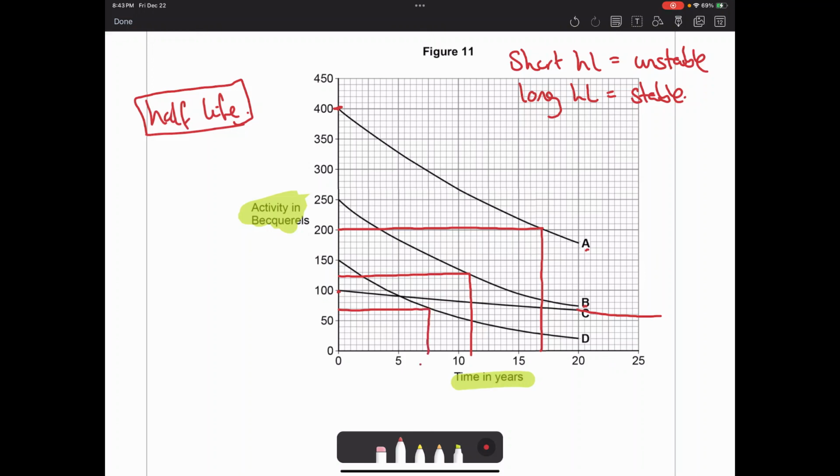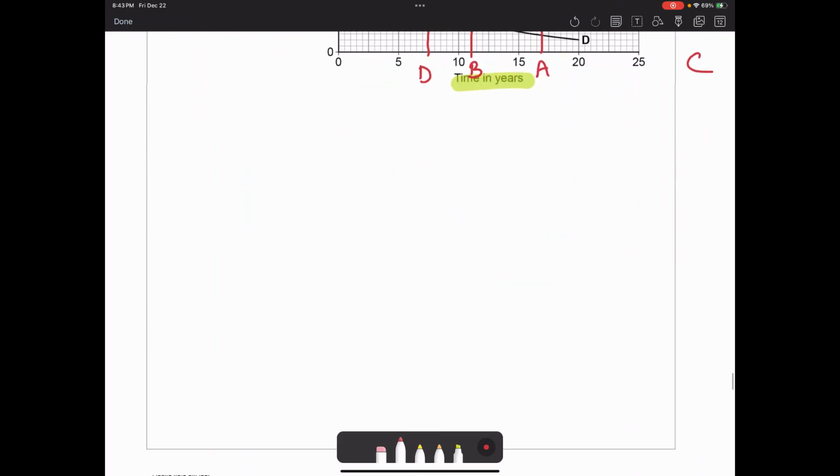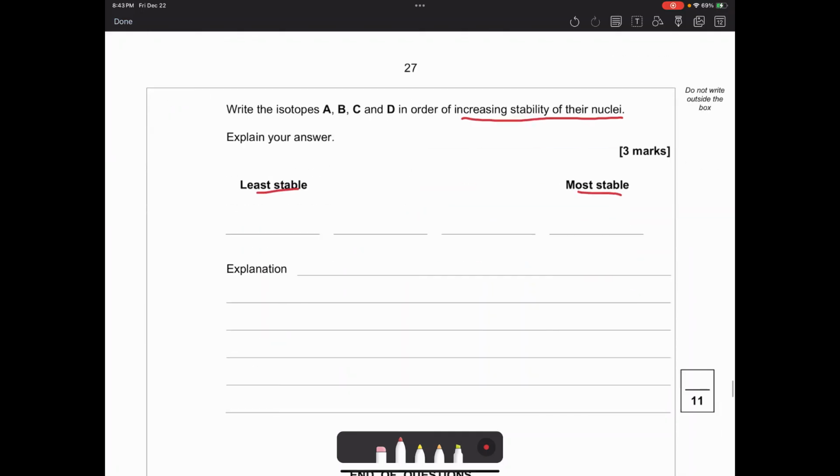and you can see that that one is more stable. So in terms of order of stability, I've got line D, then B, then A, and then somewhere down here would be C. So that gives my order, D, B, A, C, in terms of ordering their half-life. And why is this?